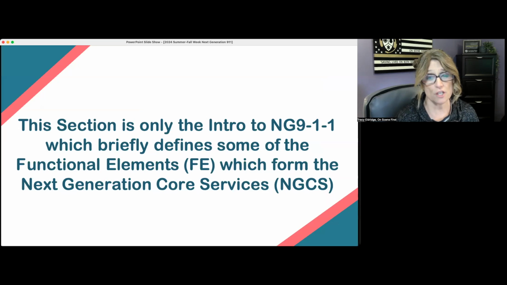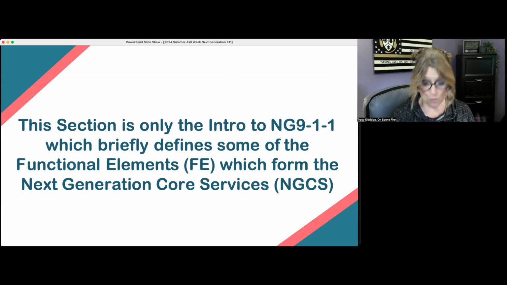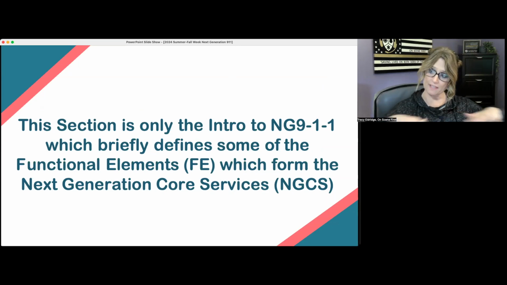This next generation 911 piece is just a snippet. They just want you to know a snippet. If you went down a rabbit hole of next generation 911, it would make your head spin. I like the level of knowledge that I have at this point. I don't think I would want to go any further because it gets a little squirrely.